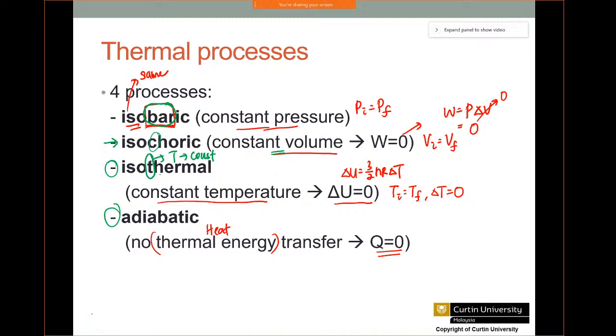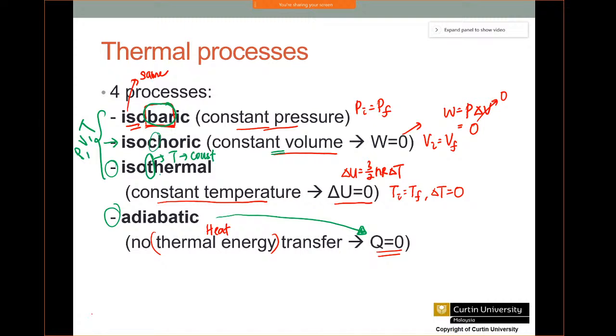And the odd one out here is adiabatic. Adiabatic does not relate with any of the states. If you look at these three iso, they are all related with your PVT states. So these three iso are for the states. The odd one out does not relate with the state, but relates with your Q, which is the heat. So again, spend some time to memorize all these four.